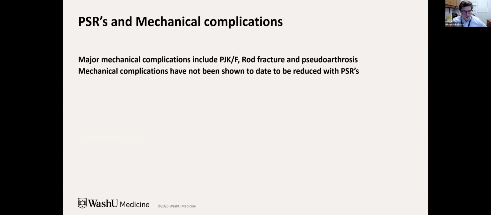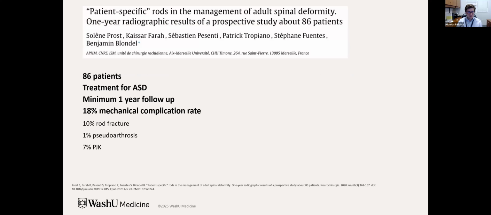These would be major mechanical complications, including proximal junctional kyphosis and failure, rod fracture, and pseudoarthrosis. The data on this to date haven't really shown reduced mechanical complications with patient-specific rods. As far as I have seen, this is the biggest cohort in the literature, a cohort of 86 patients treated for adult spinal deformity with minimum 1-year follow-up.